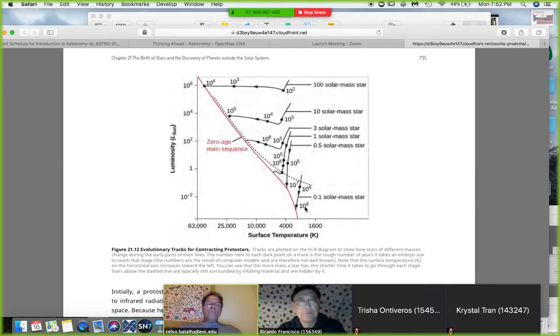But how do we read this? If you take a one solar mass star like our sun, this star initiated its life with a luminosity that is about 100 times as luminous as the sun, right? And then that star slowly contracts.